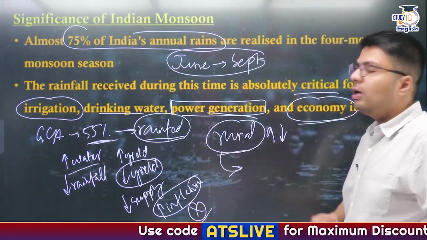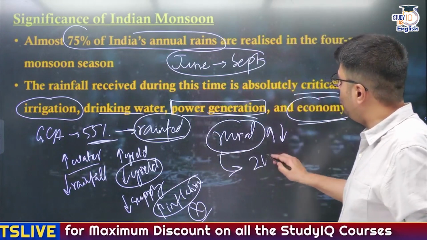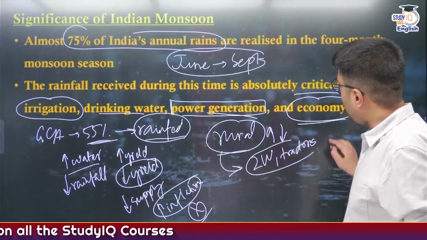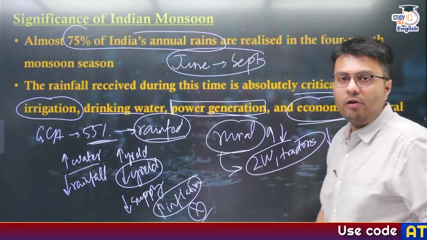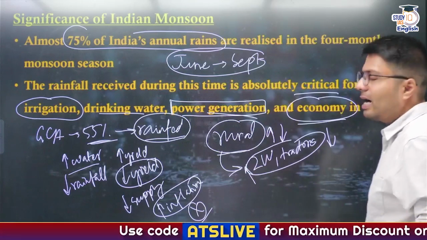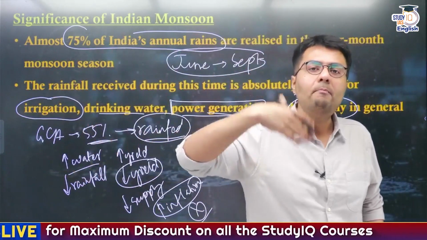So naturally, the growth of the rural economy is highlighted by sale of two-wheelers and sale of tractors. So in case of bad rainfall, sale of two-wheelers and tractors would reduce, whereas in cases of good rainfall and good agricultural productivity, sale of two-wheelers and tractors improve. So this is how agriculture directly or indirectly impacts the Indian economy.